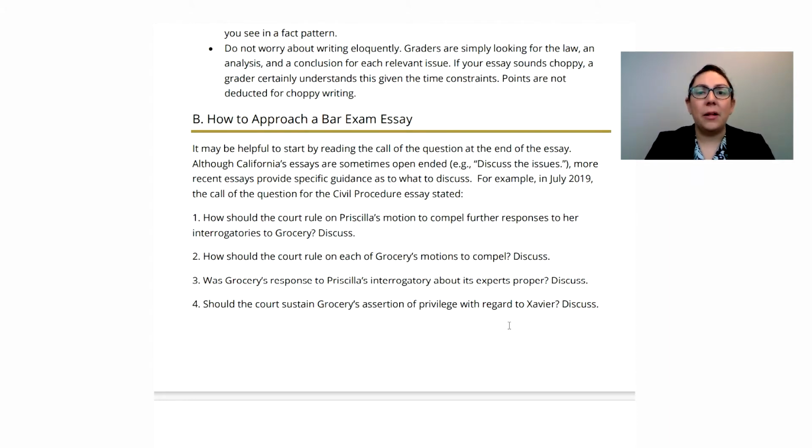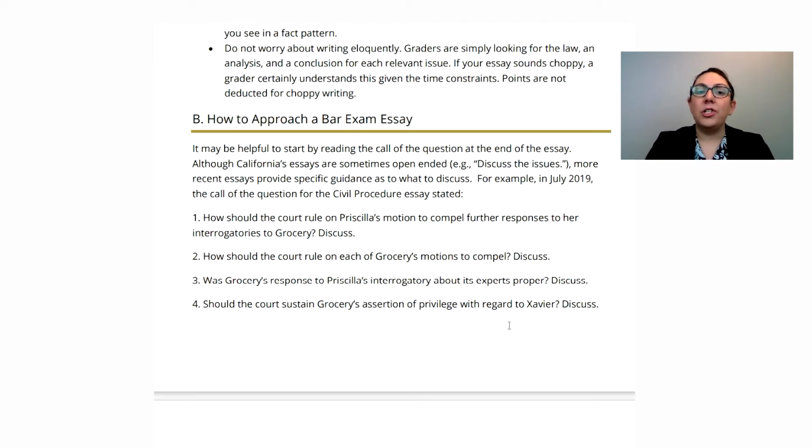So for example, in July 2019, you can see here that the call of the question in the civil procedure essay was pretty specific. They broke down 4 specific issues that they wanted you to look at. So here we see that the call of the question said, number 1, how should the court rule on Priscilla's motion to compel further responses to her interrogatories to Grocery?